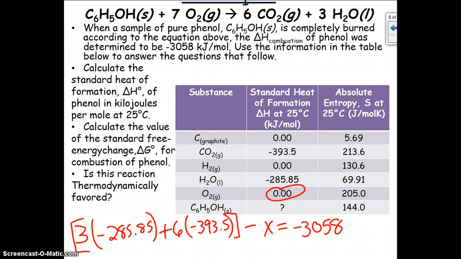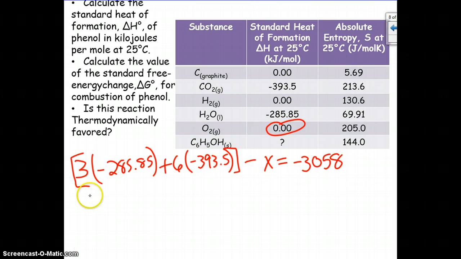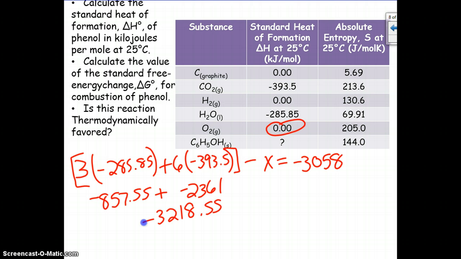Okay, so now you're just going to start doing some canceling and getting the correct answer. So if I'm plugging in my math, I'm getting this so far. And then I'm going to go ahead and combine these so I can get all those worked out. And I get this.